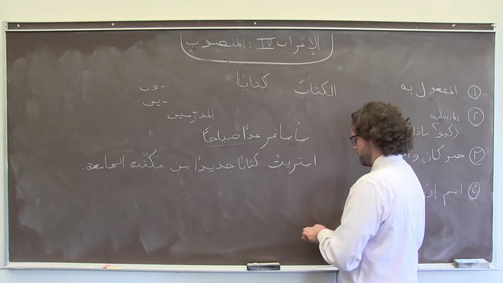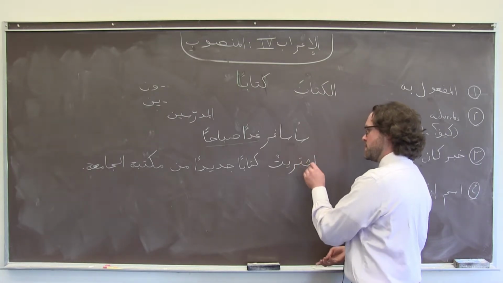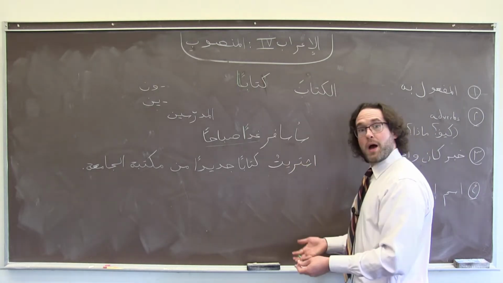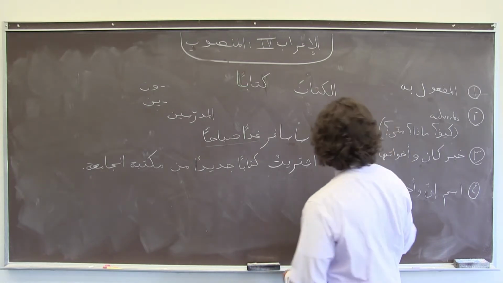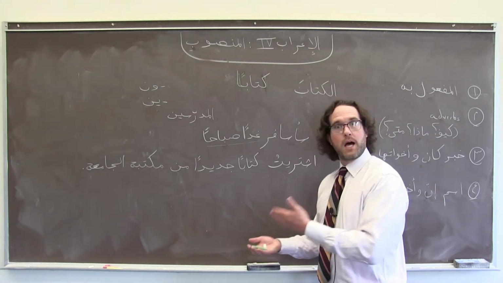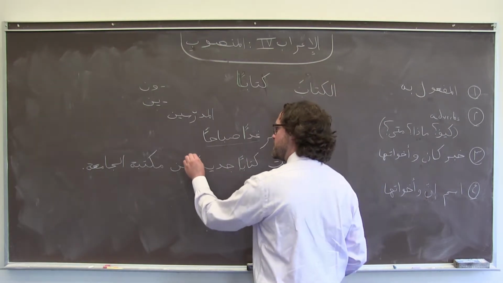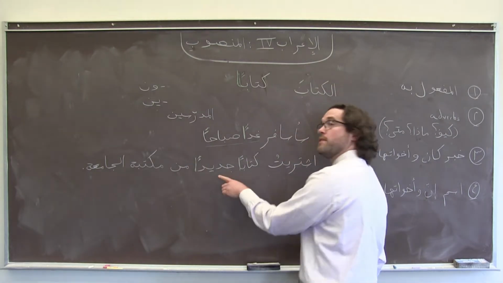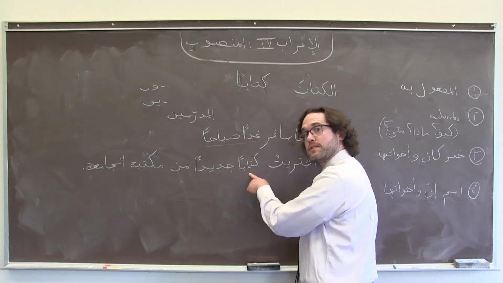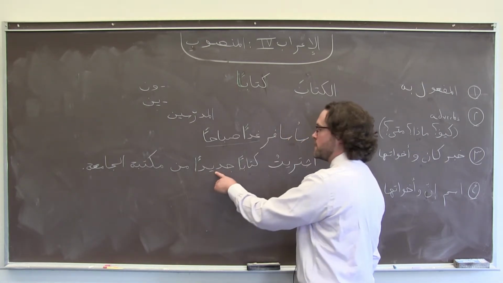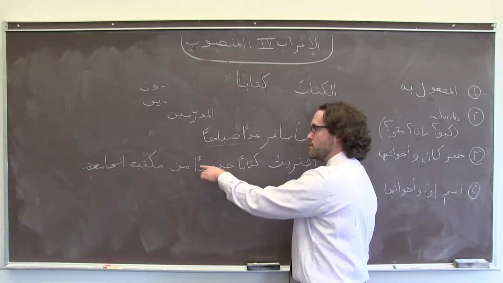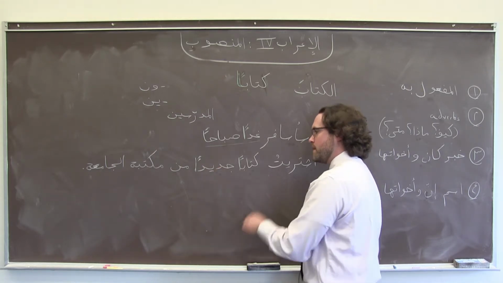Here, forgot some dots. اشتريت, I bought. What did I buy? ماذا? I bought a book. كتابا جديدا, I bought a new book. And remember that adjectives have to agree with nouns in case. So since jadid is modifying kitab here, it is also mansub.